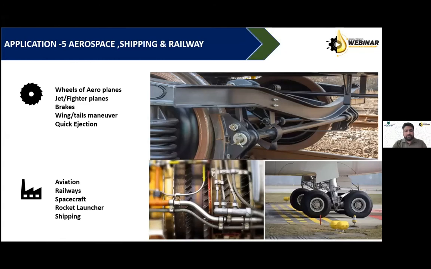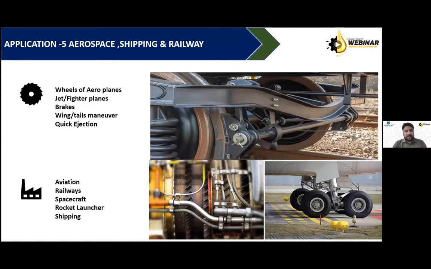And in transportation applications, the important one is aerospace. In aerospace, the entire operation of a flight of an aeroplane depends on hydraulics, not just the maneuvering, but also the wings and tails, the ejection system, the braking system, and in the jets of the fighter planes, everywhere you will find hydraulics.